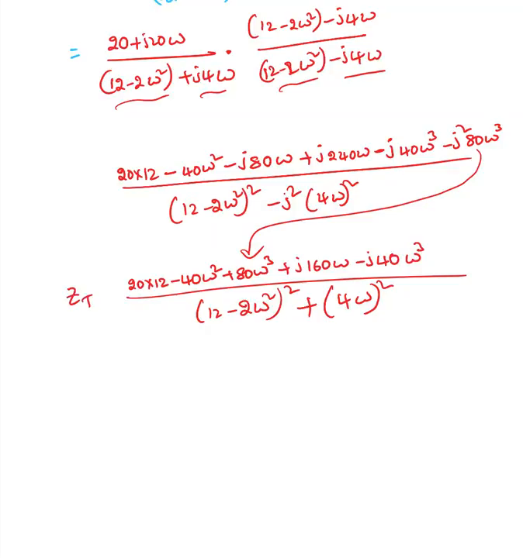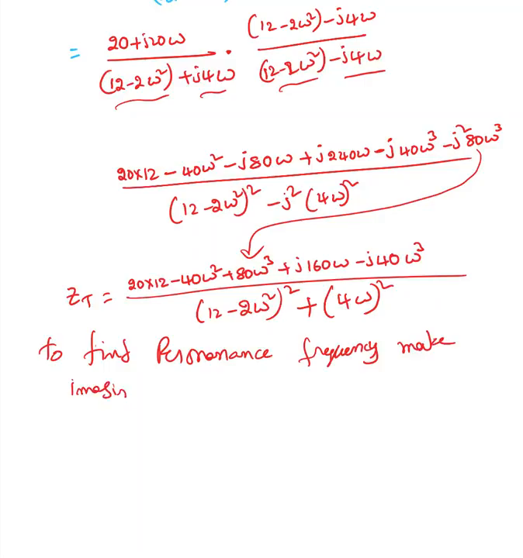Now I know what the imaginary part is. To find the resonance frequency, make the imaginary quantity equal to 0. Okay, so I'm going to make the imaginary part equal to 0.